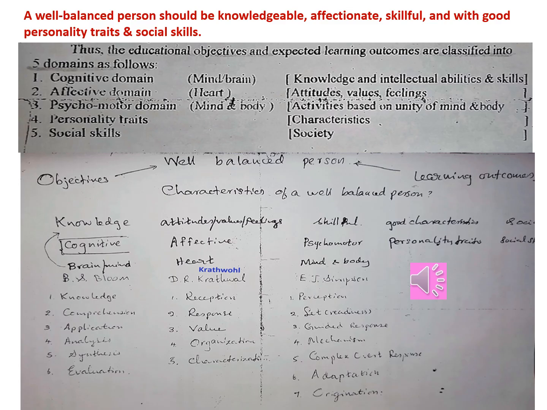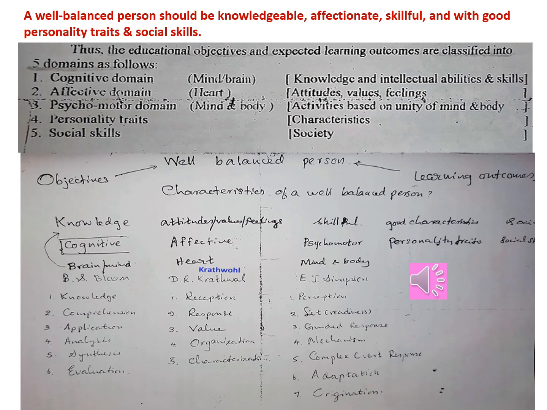Third one is psychomotor domain. That means mind and body. Psycho means mind. Motor means do things, right? Body or hand. Mind and hand, mind and body, like that. You do things. Skills, right? So in the psychomotor domain, we deal with skills, activities based on unity of mind and body, right?